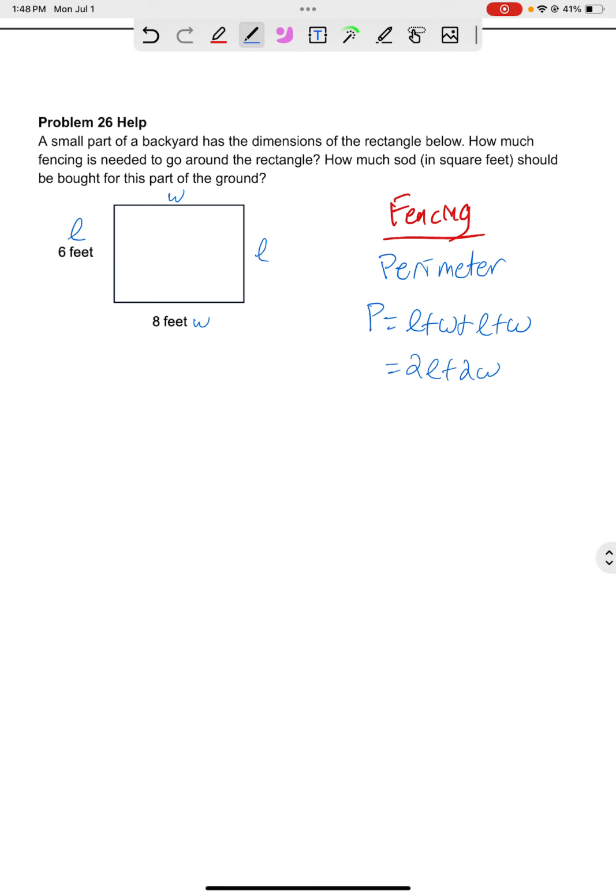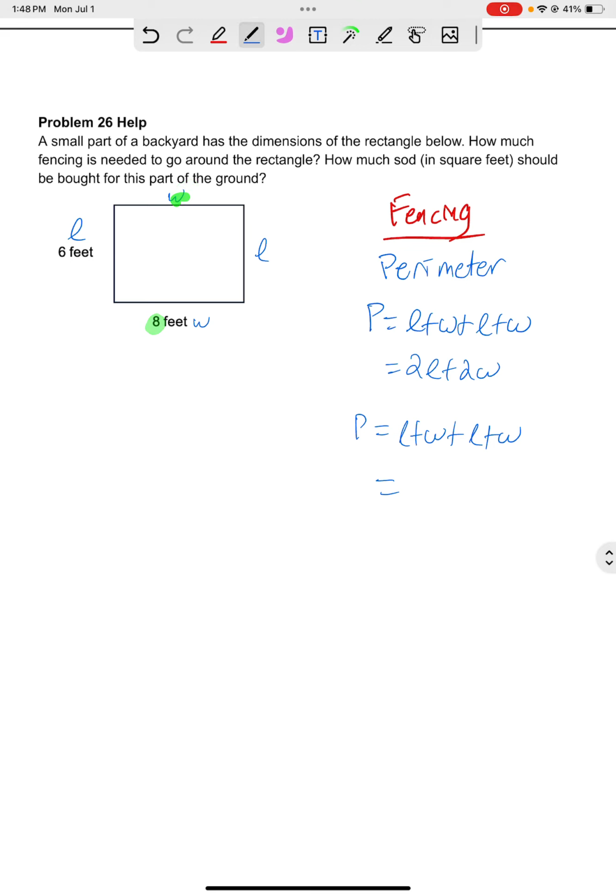Now maybe you didn't need the fancy formula in this case and you could have just thought about it, right? All I'm going to do for my perimeter is say, well, I'm going to need 6 feet, and then I'm going to need 8 feet, and then 6 feet, and then 8 feet.